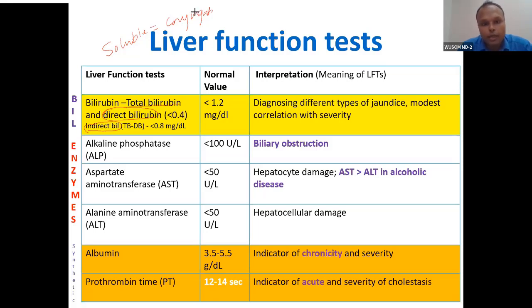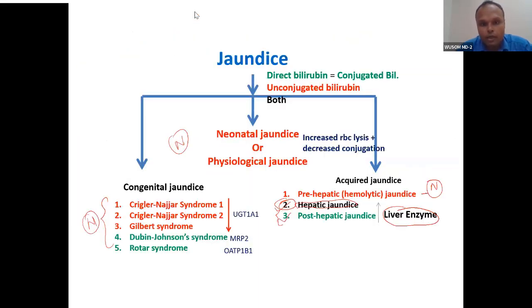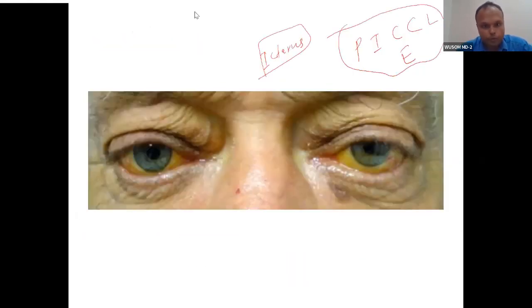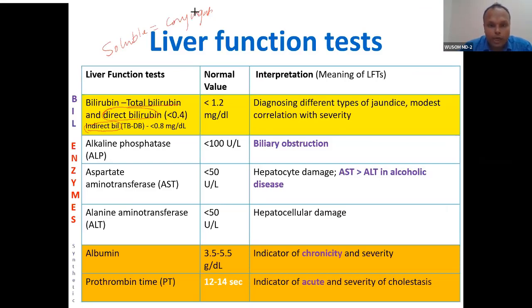Total bilirubin, I have already told you in the previous slide: less than 1.2 is normal. So less than 1.2 is the normal total bilirubin concentration, and direct bilirubin is less than 0.4. Very easy to remember: less than 0.4, less than 1.2.